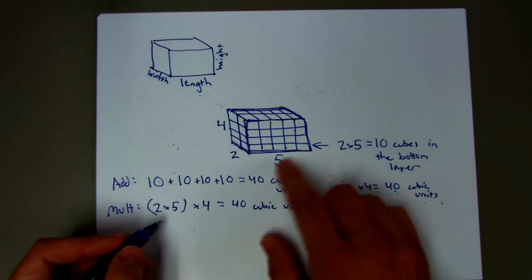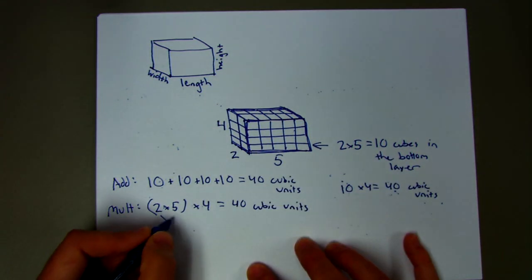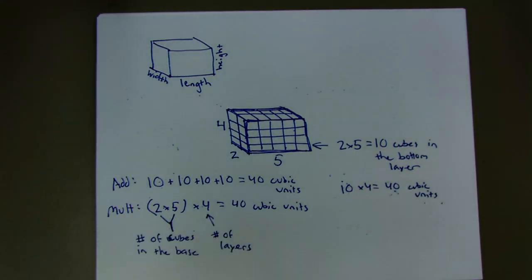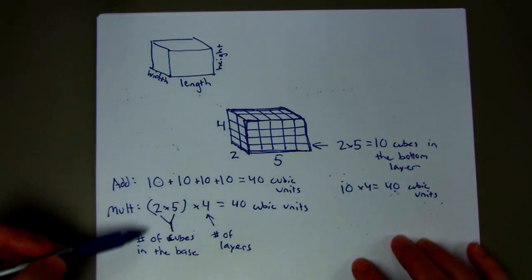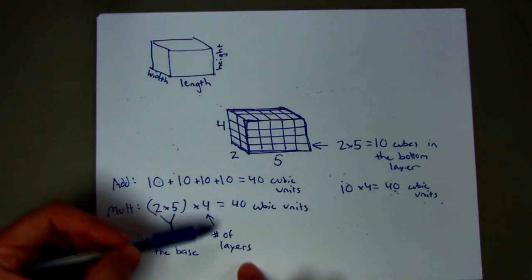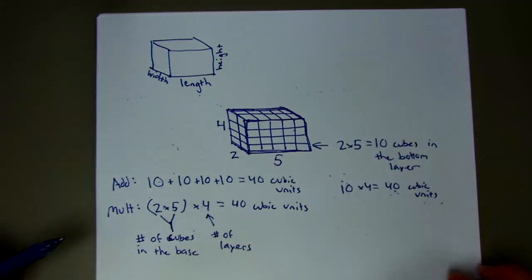So this 2 times 5 here tells me the number of cubes in the bottom layer, right? We often call the bottom layer the base. So we can find the number of cubes in the base, in this case 10, multiply that by the number of layers, in this case 4, and then we get the total number of cubes in this rectangular prism.